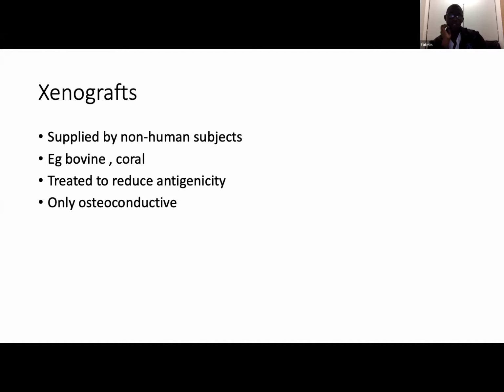I couldn't find a lot about it, but it's basically when you get bone graft from non-human subjects, for example bovine and coral, which is mainly from the seabed. And then it's usually treated to reduce its ability to induce the host's immune response. And in terms of their properties, they are mainly osteoconductive.